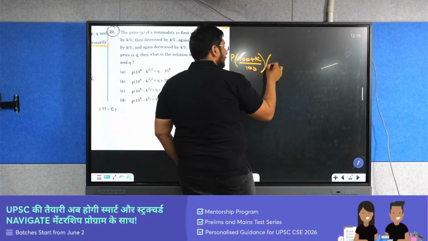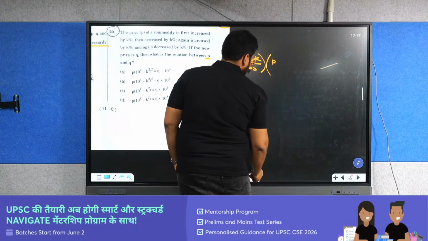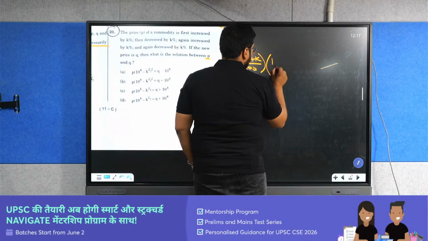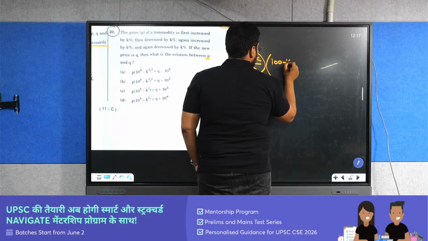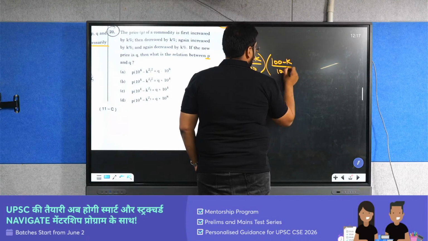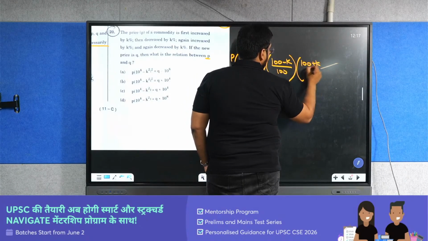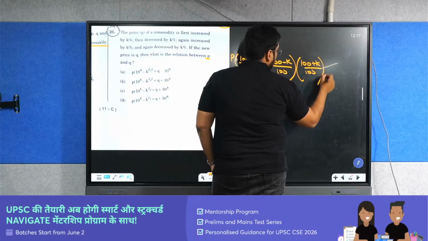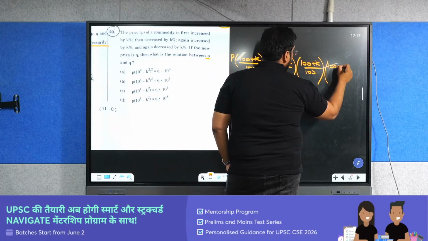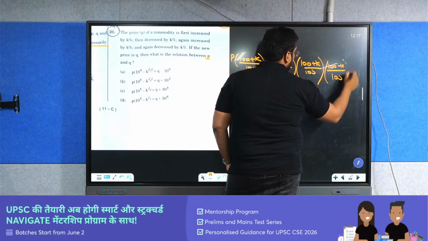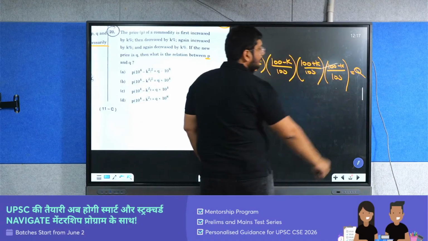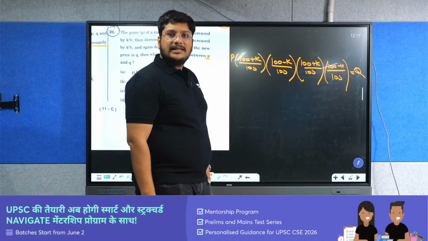Then decreasing it by K would be (100 minus K) upon 100. Then again increasing it by K, then decreasing it by K is equal to Q. This is something which has been given.